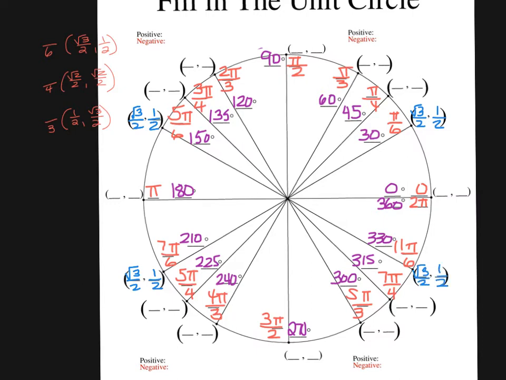All the over 4s are root 2 over 2 and root 2 over 2. And all the over 3s are 1/2 and root 3 over 2.